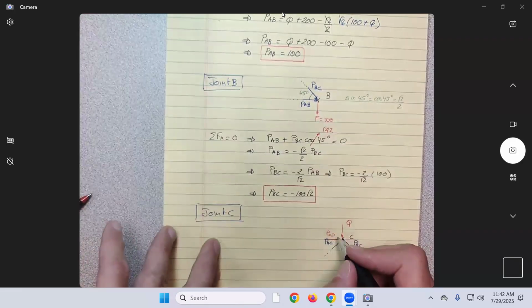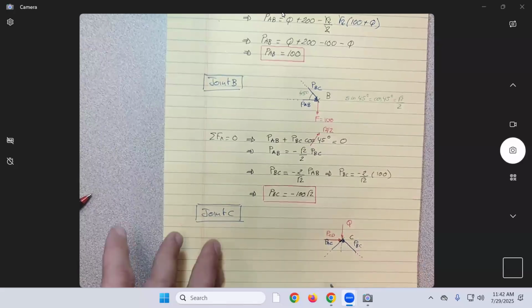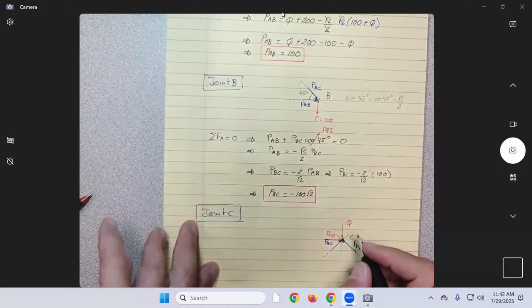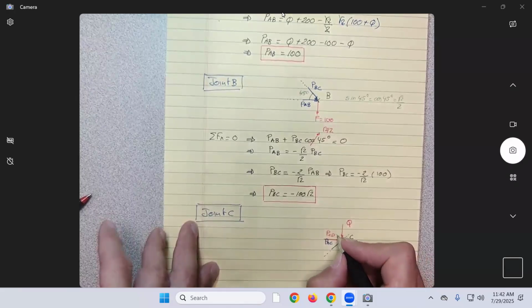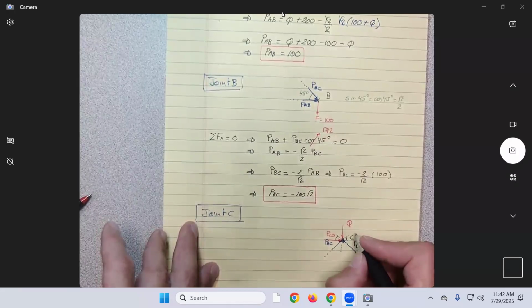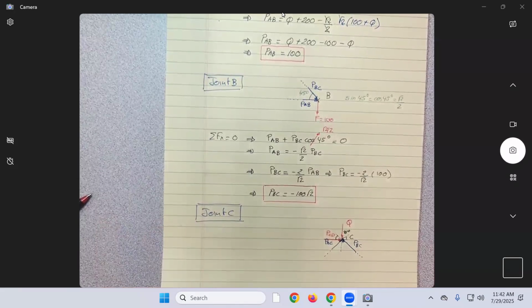Okay, and if you want, I don't know how you want to do this, but if you do it this way, you find that this angle here will be equal to the other angle. So basically the angles here will be 45 degrees.